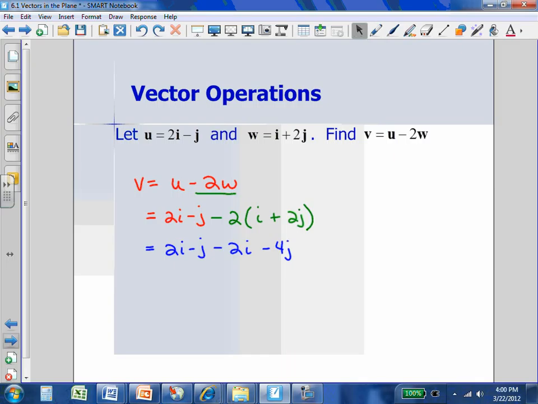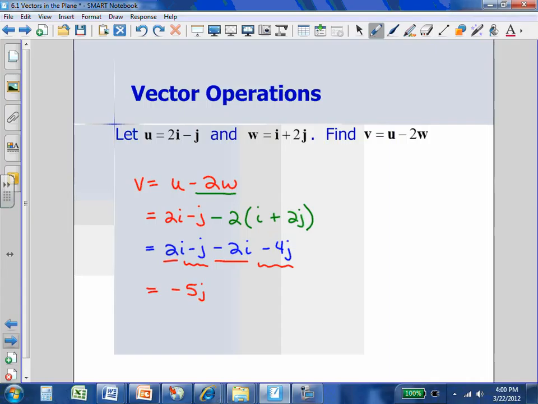Well, my 2i minus 2i, those are canceling, going away. And then I've got my minus j and my minus 4j, so in the end I'm going to have negative 5j. So you'll notice this does not have any horizontal components, just vertical.